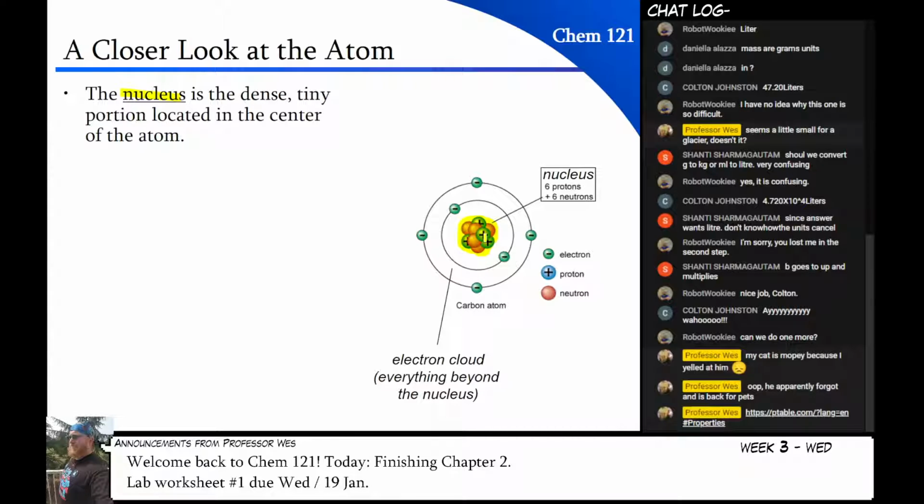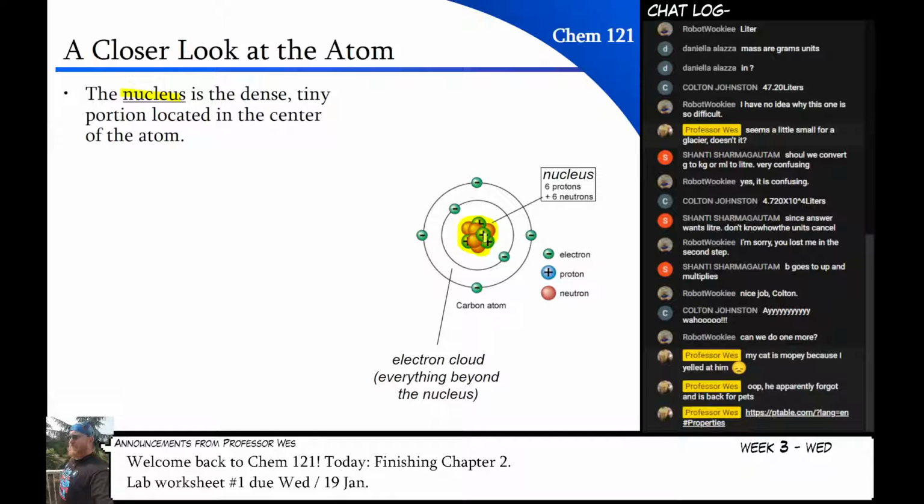So dense that if I were to put a teaspoon of just nuclei, jammed together as closely packed as they could be, it would weigh almost a billion tons. In a teaspoon. It would be the densest thing conceivable, like neutron star levels of density. Stupidly ridiculous.